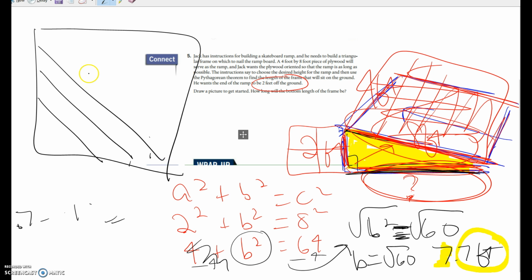Sometimes students draw random triangles in the middle, but this is 0, 0, and you're going to plot the width and length, or A and B, and then this distance will end up being your hypotenuse. You're going to plot the shorter leg on this side, and wherever it is, the longer leg on this side, and you're going to make triangles that look like that. So that might help you with problem number 3. All right, we're going to stop here, and then I'll work on the next section.